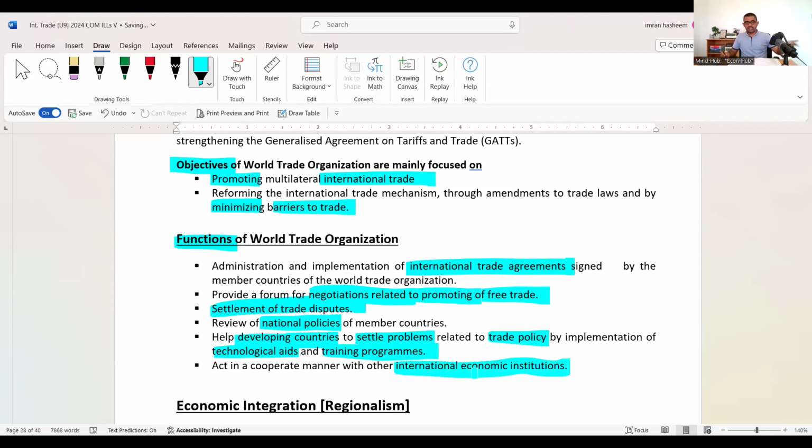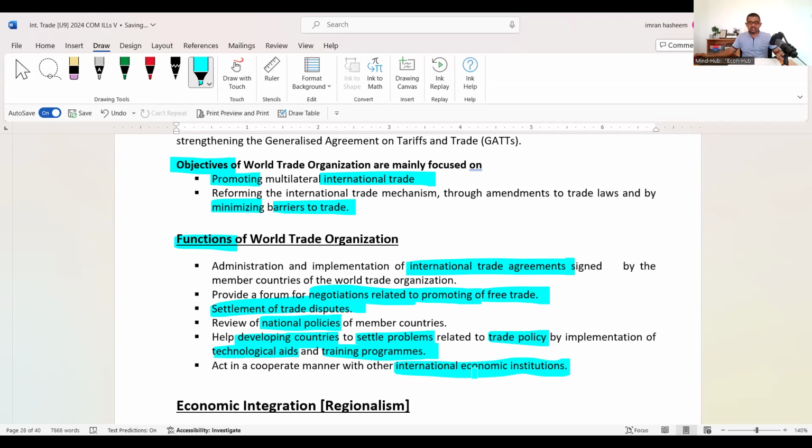Other institutions like the IMF, the World Bank, the European Commission, all these parties, they will act in such a way to coordinate and cooperate with them to make sure trade happens smoothly. Okay, these are the functions.